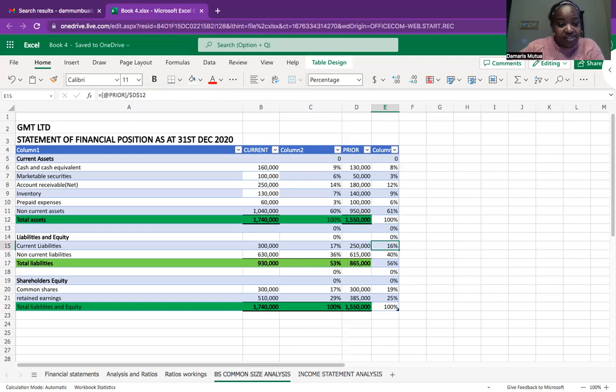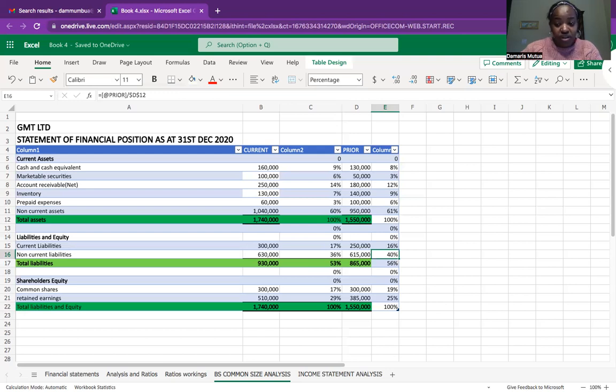Current liabilities, our current liabilities have increased from 16 to 17. Maybe we're not paying our suppliers as expected. We need to look into that. We are adhering to our policy on payments of liabilities. Our non-current liabilities have gone down.